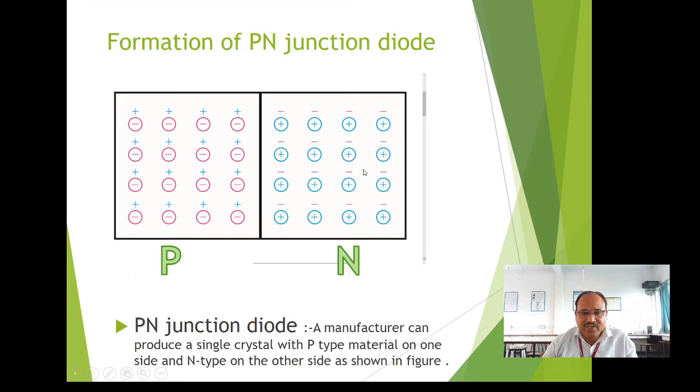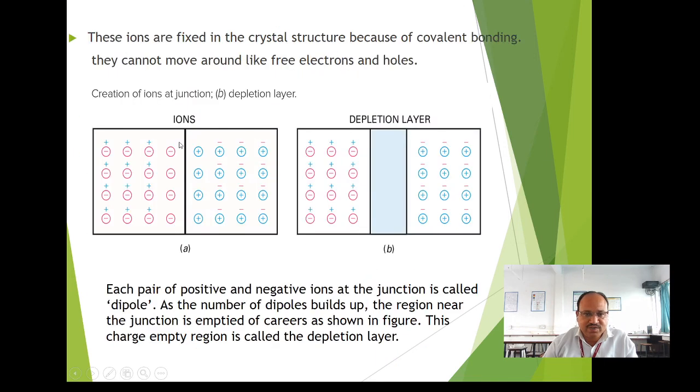So like this, very soon, as electrons transit from N type to P type, the area near the junction will only contain positive and negative ions, as shown in this figure. This figure shows that toward this N type material there are only positive ions, because electrons have transited and fallen into the holes of the P type.